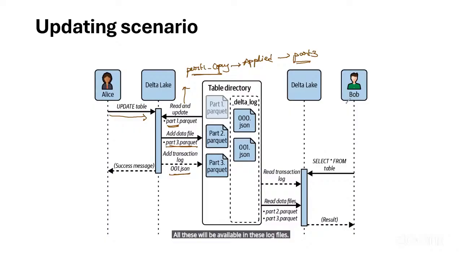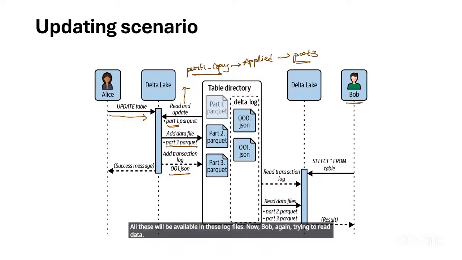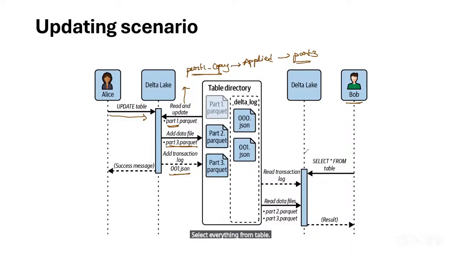Now Bob is again trying to read data, select everything from table. This will not directly go to the table. This SQL statement will first go and verify the transaction log. Now it understands that there have been some changes. Update happened.